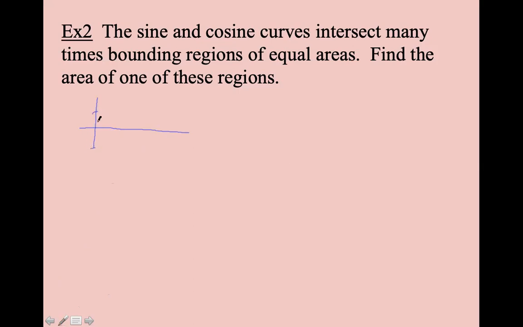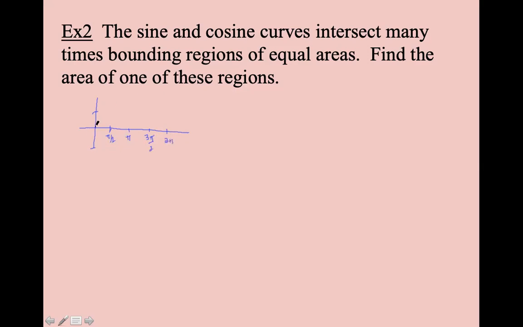And my sine curve is 0 at 0, pi over 2, pi, 3 pi over 2, 2 pi. So 0, this I'll make pi over 2, pi, 3 pi over 2, and 2 pi.